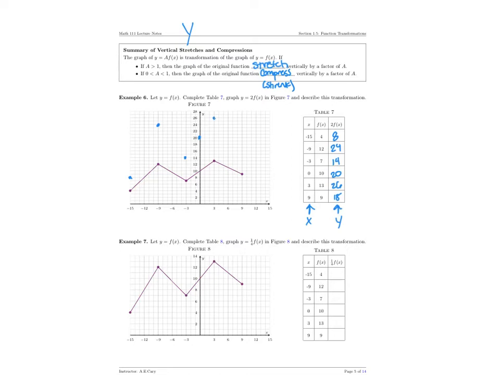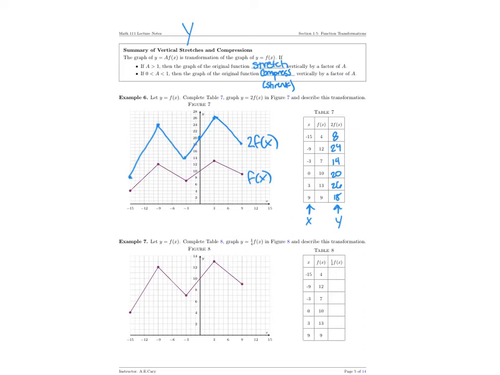Sorry, I am just kind of muttering to myself as I do this. There we go. So we'll notice that the graph is now really tall. So the original one is f of x. The new one is 2 f of x, where it is now twice as tall. Same x values, just different y values.